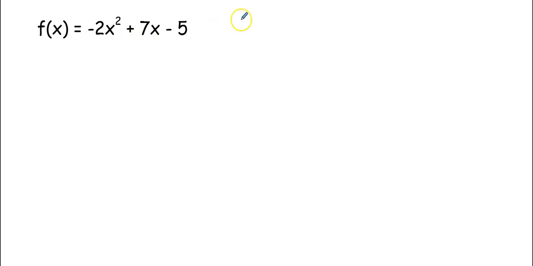Let us see. A is equal to -2, b is equal to 7. So axis of symmetry, x is equal to negative b over 2a. I'll substitute my values.